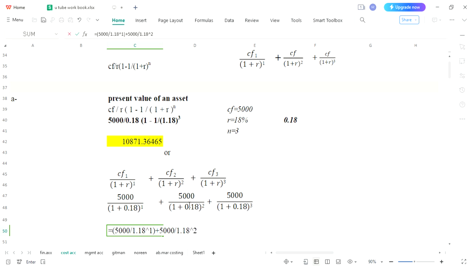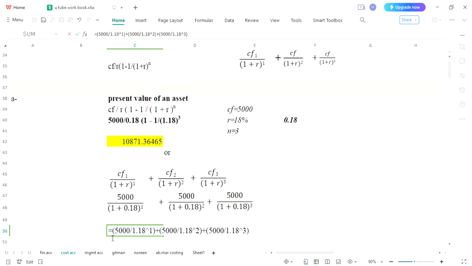This is your second formula. And now let's put our third formula. Again, sign of add, 5000 divided by 1.18 raised to power 3. So we have got all our formulas on calculator. Please note it down how to put these on calculator.